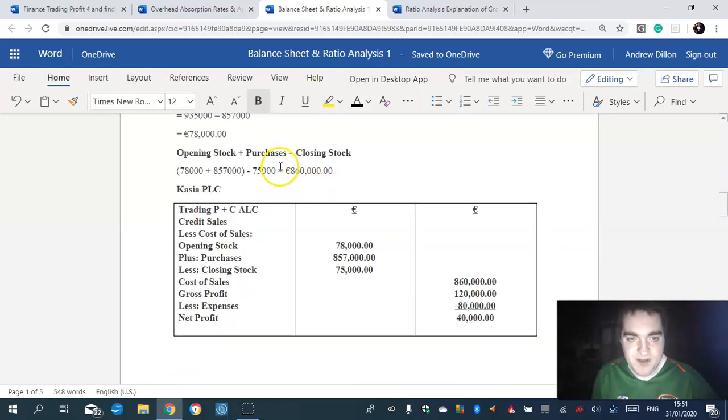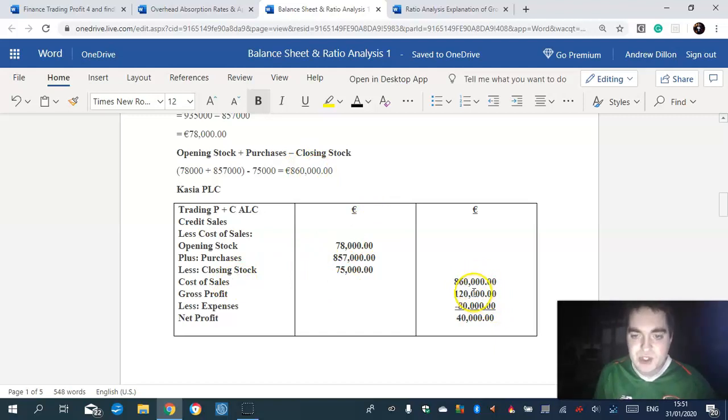Then find the total answer: the opening stock plus the purchases, and that answer then take away the closing stock. So 78,000 plus 57,000, that answer then take away 75,000, and I got 860,000, which is on the cost of sales table.